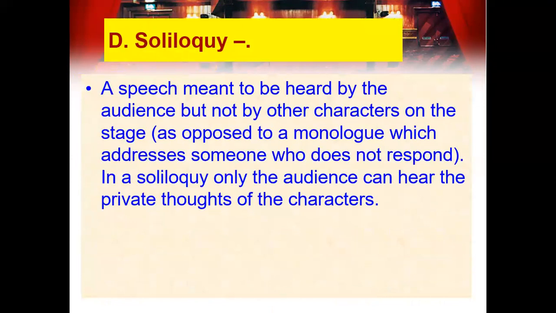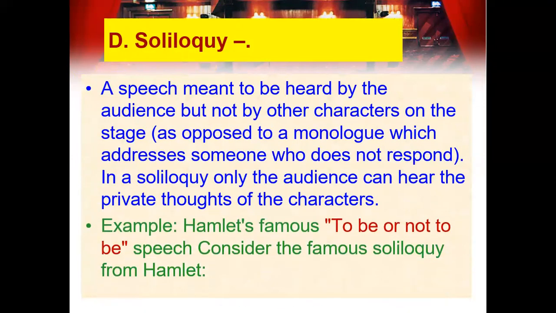The 4th type, which is very important, is soliloquy. Soliloquy, al-munajat. It is a speech meant to be heard by the audience, but not by other characters on the stage, as opposed to the monologue, which addresses someone who does not respond.